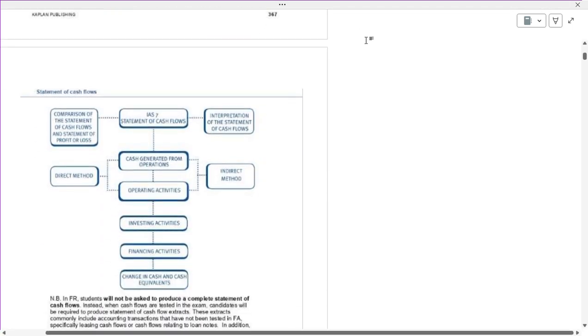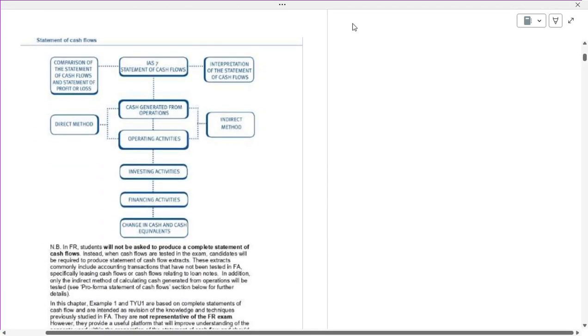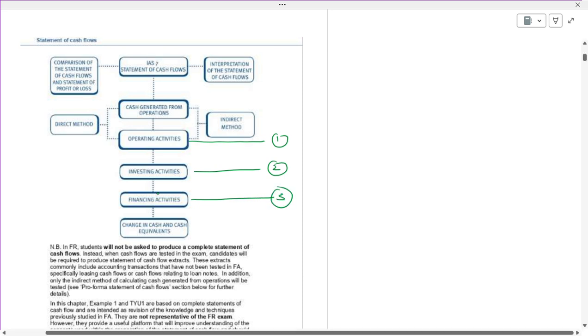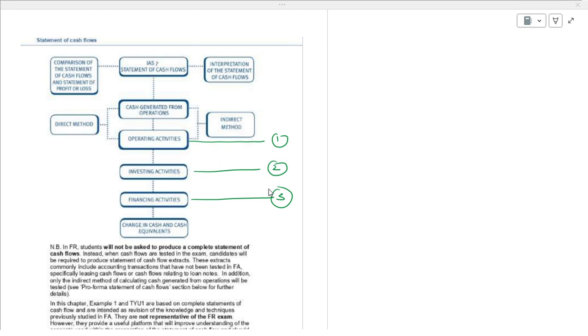In the indirect method, the cash flow statement is divided into three categories. The first is operating, the second is investing, the third is financing.